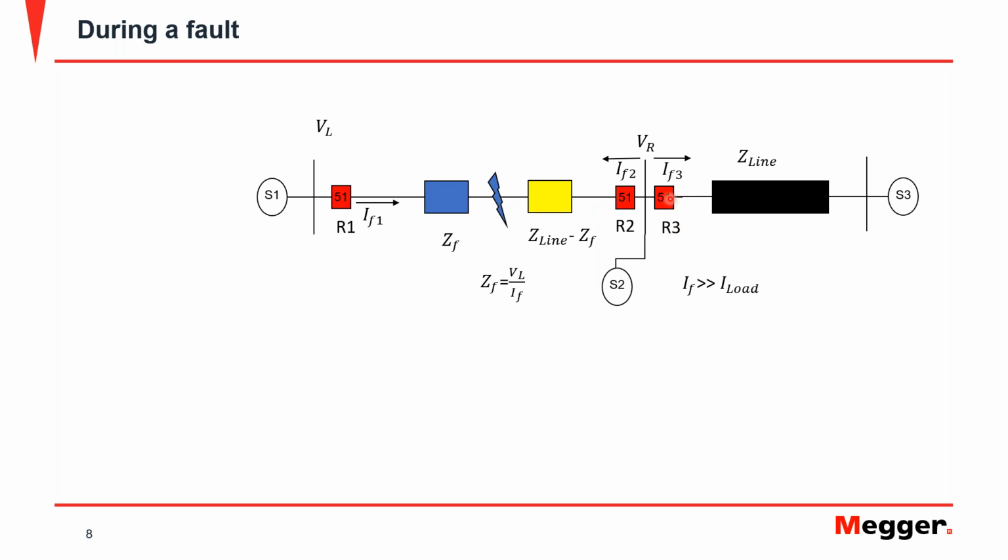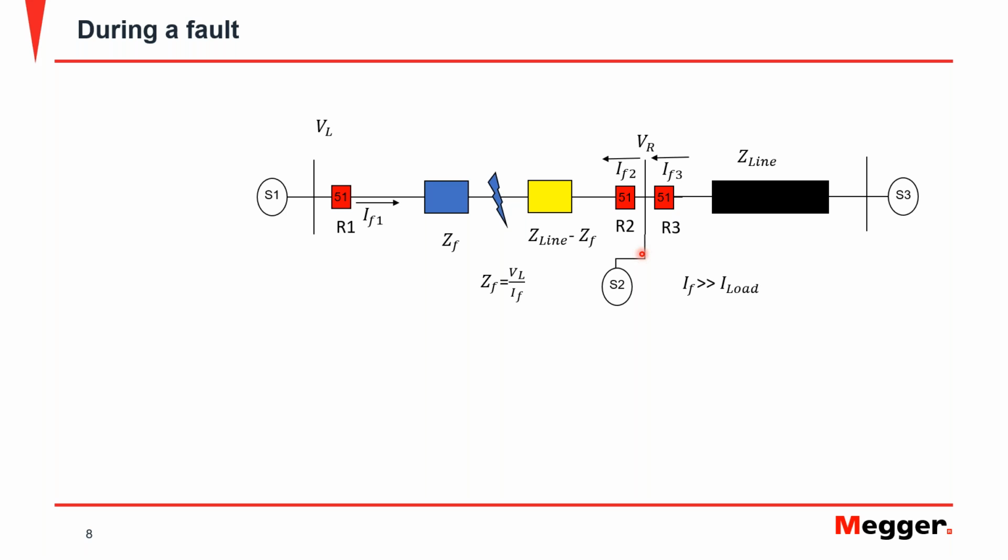But it could happen that this R3 relay now, instead of seeing current flowing into this line, could see a circulation of a high amount of current because of the fault that we introduced at this point here, and that is going to be going in the opposite direction of the normal flow of power that this relay should see.